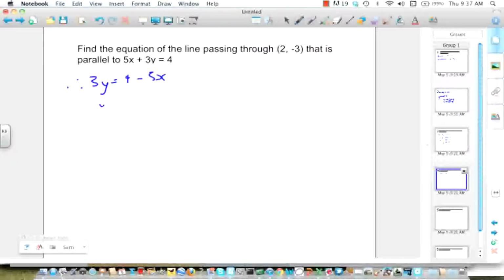So y is minus 5 on 3 x plus 4 on 3. So we can determine from rearranging the equation in general form that our gradient is negative 5 on 3. And we know the point it has to go through is 2, negative 3.